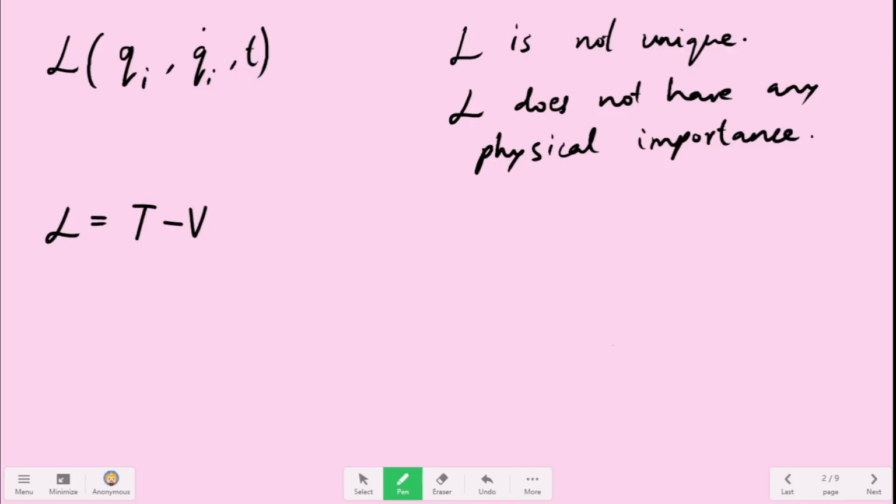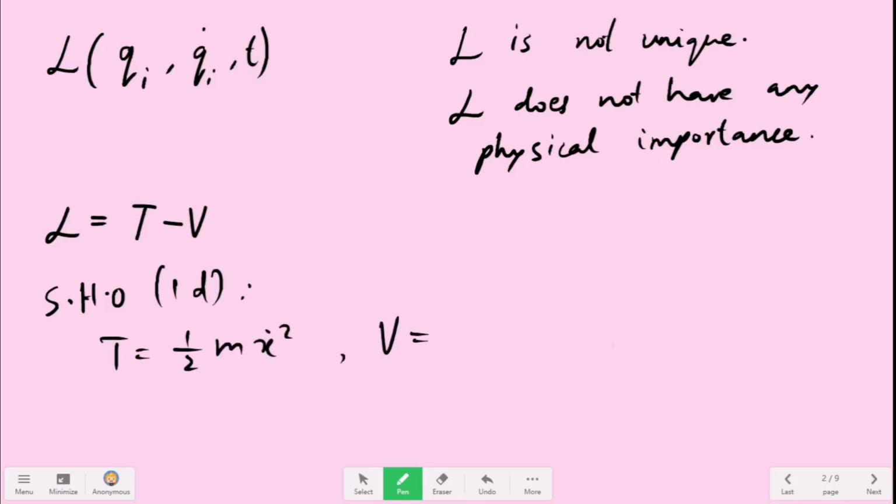In the case of simple harmonic oscillator in one dimension, we have kinetic energy is equal to half m v square, half m x dot square, and potential energy is equal to half m omega square x square.